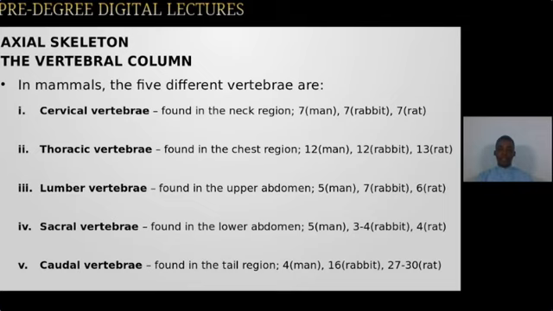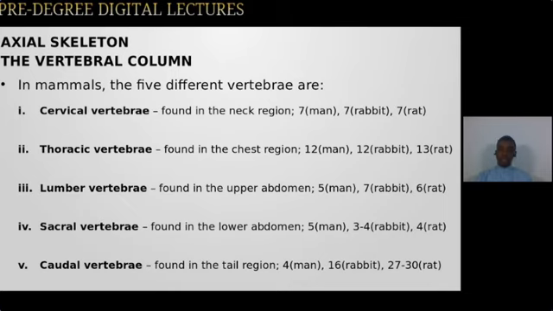The lumbar vertebrae is found in the upper abdomen. In man, there are 5 in number, 7 in rabbit, and 6 in rats. The sacral vertebrae is found in the lower abdomen. There are 5 in man, between 3 and 4 in rabbit, and 4 in rat.